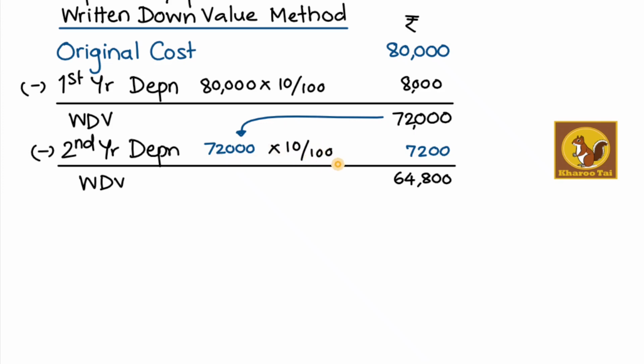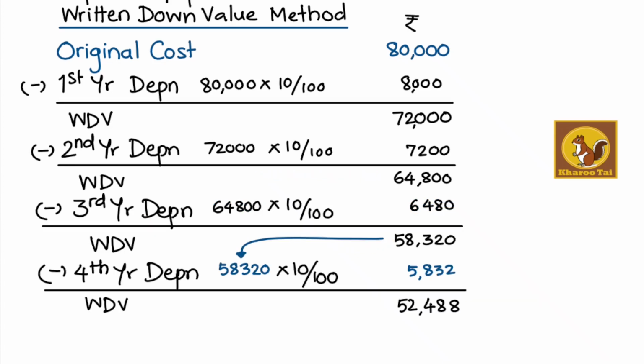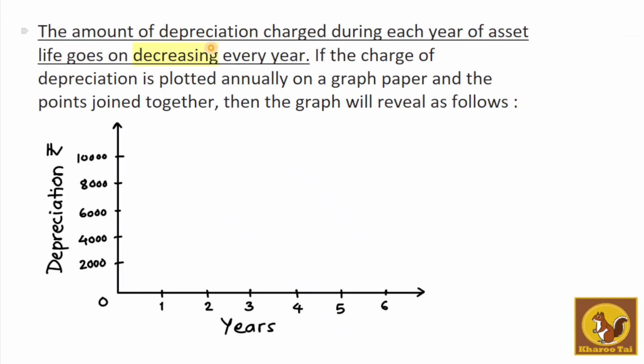72,000 into 10 divided by 100. Then on the next written down value we'll calculate depreciation in the following year. That's how it goes on. So we can see that we are calculating depreciation on the WDV of the asset, that is the opening balance of the asset, and we can also see that the amount of depreciation charged during each year of the asset life goes on decreasing every year.